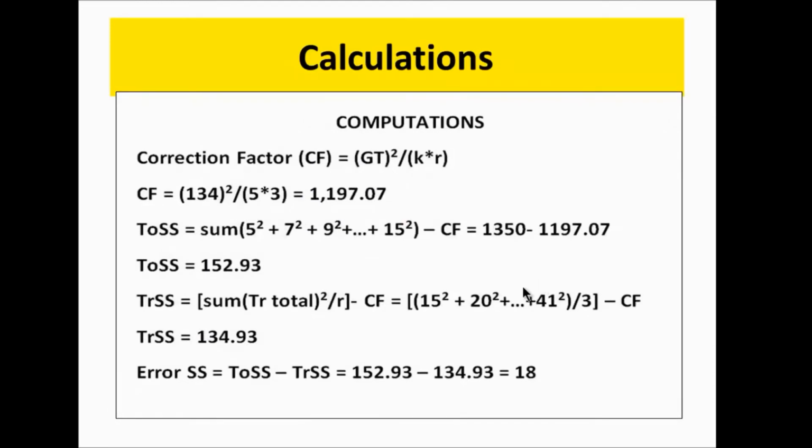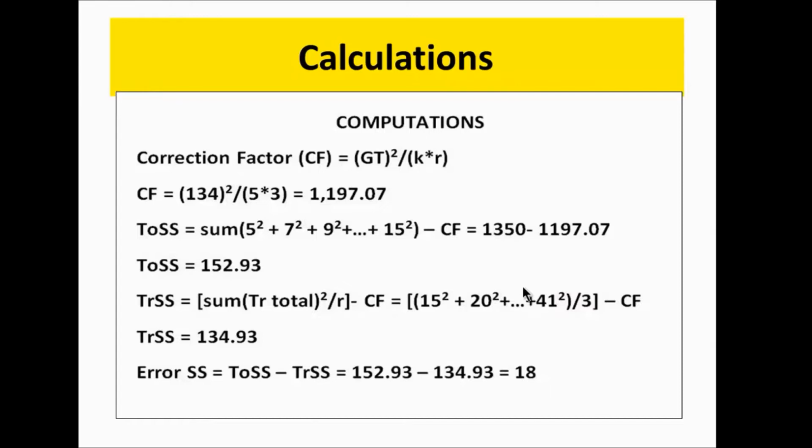Now, since we are going to use the ANOVA, or analysis of variance, we need these components in the calculations. One special consideration is what we call the statistical correction factor. I will be using CF. The formula is the grand total, you square that, divided by the number of treatments multiplied by the number of replications.